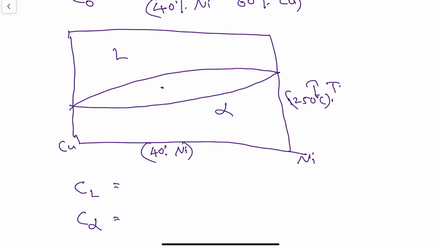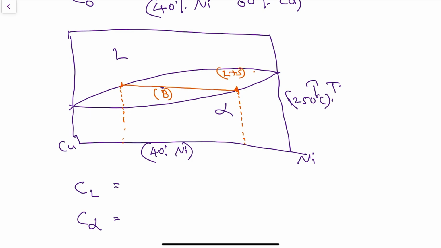We will draw a tie line here, that is a horizontal line. So this is called the tie line. And it will meet the liquidus here and the solidus here. Drop a line from here to here and drop a line from here to here. So this is the point B, and inside, it is liquid plus solid.